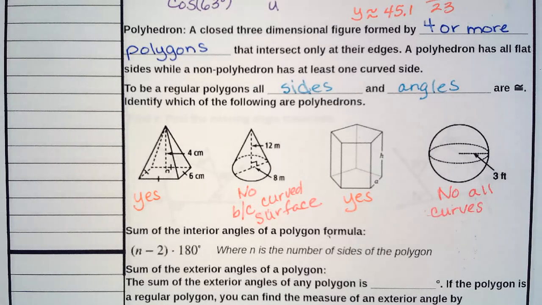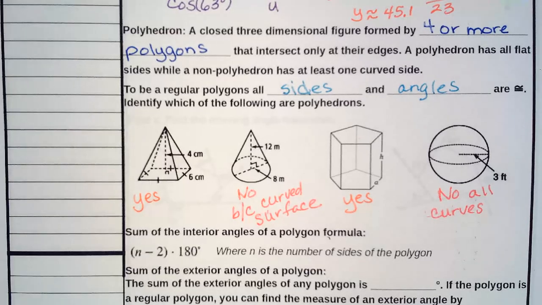So, the sum of the exterior angles of a polygon is, guess how many degrees? If you go around all the edges, what can you form?